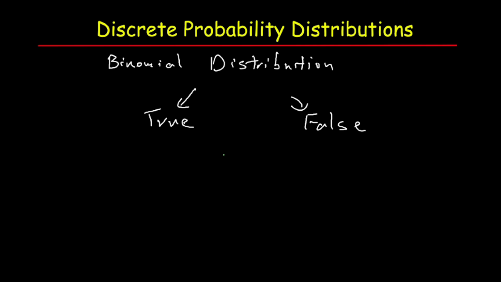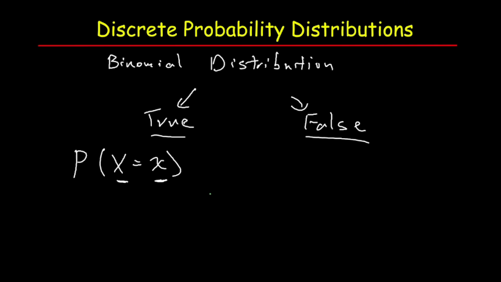Specifically, the probability of X being equal to x, which is basically the probability that if we were to ask n people whether they would answer true or false to this question, we want x people to answer true.